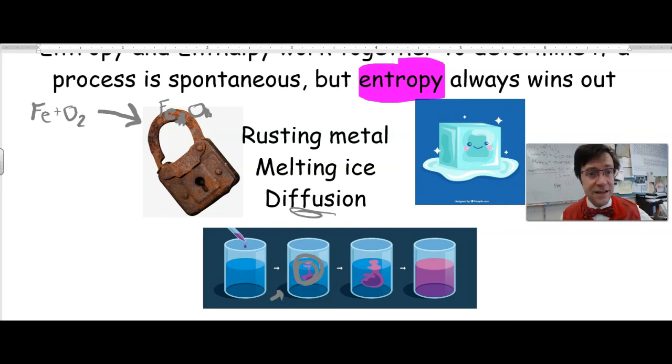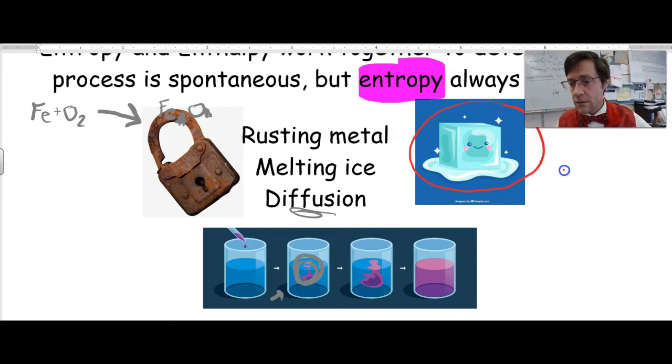And then the third thing, this one's a little bit weird, so we're going to lock our brain onto it, is the melting of ice. That makes total sense because it's going from a solid where the particles are fixed in place to a liquid where they're moving all over. However, if you look at this through the lens of enthalpy, it's a little bit weird.